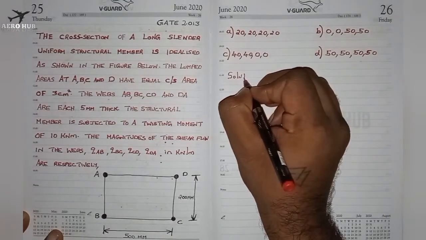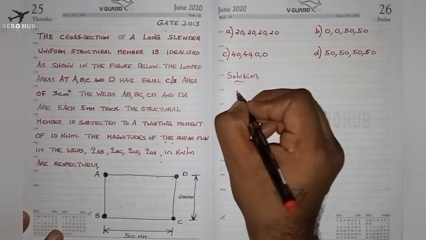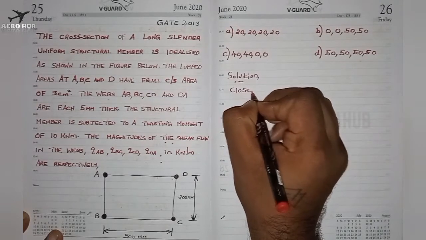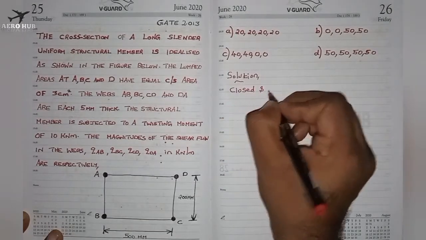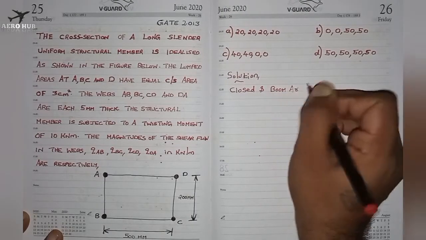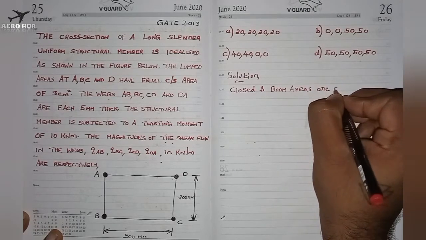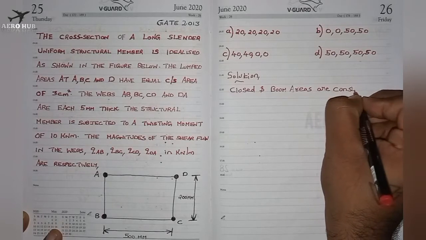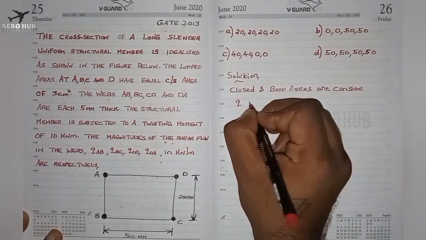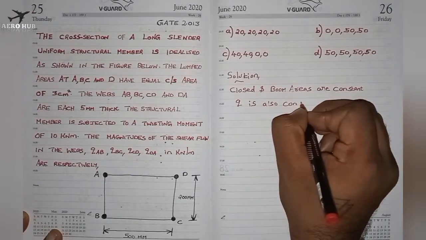Since the section is a closed one, we have a closed section, and the boom areas are constant, the value of shear flow Q is also constant.